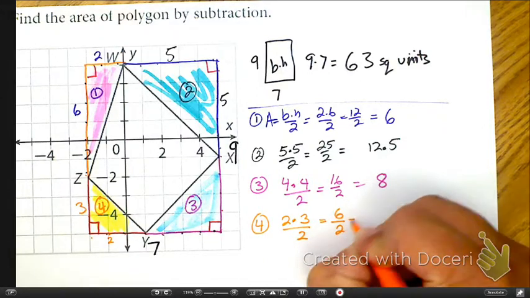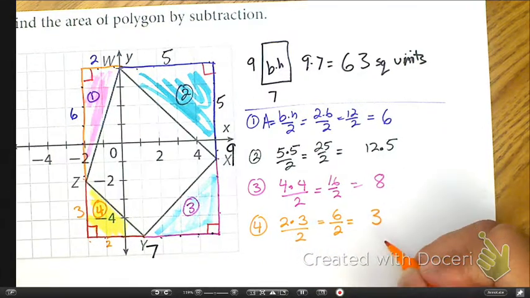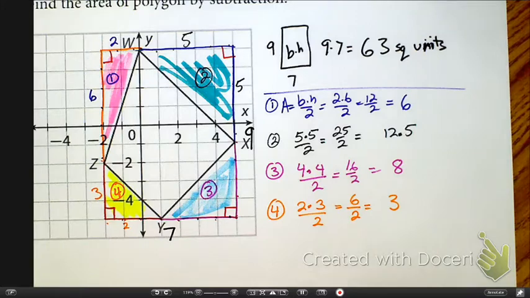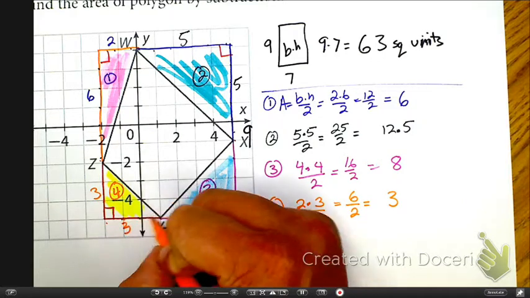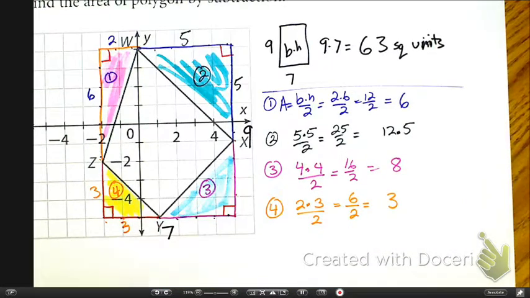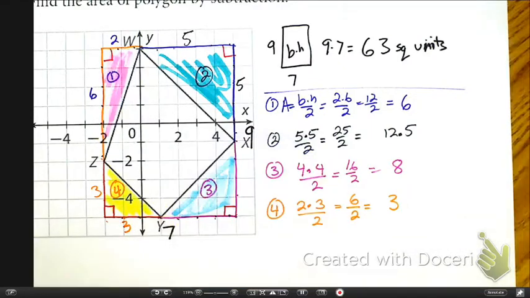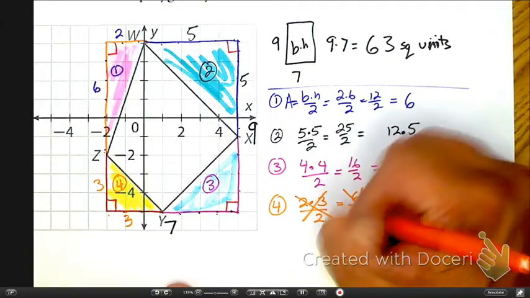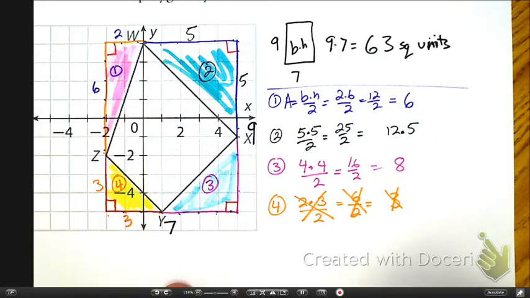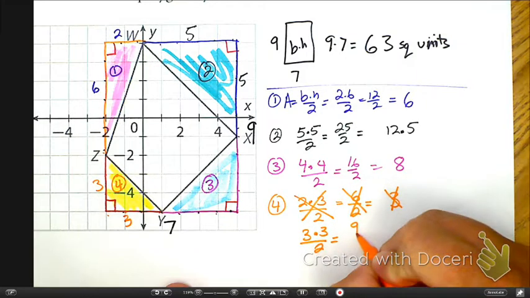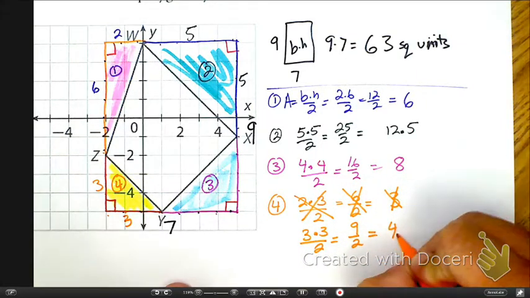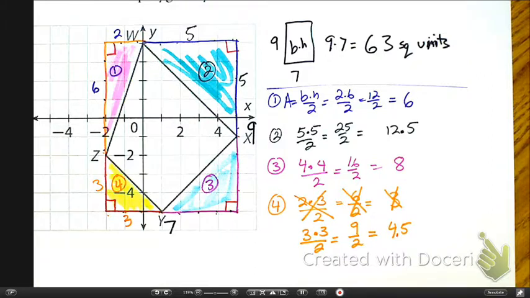Six over 2 is 3. Excuse me, I made a mistake. This is not 2, it is 3 wide. Should color in that little corner so I don't make any more mistakes. Try that again. 3 times 3 over 2. 9 over 2 is 4.5 for the last triangle.